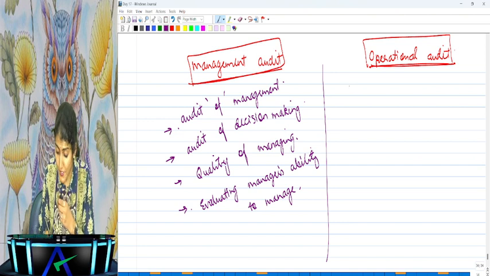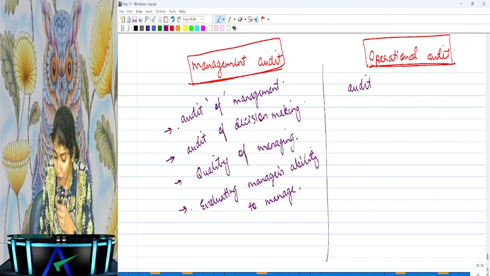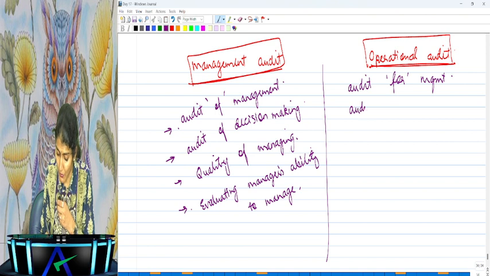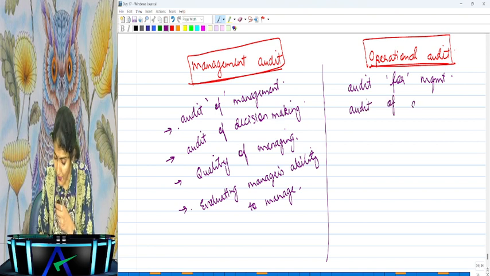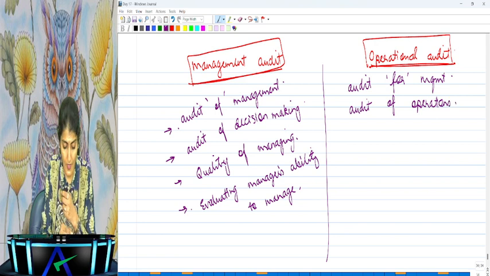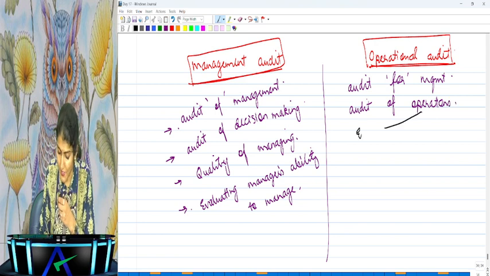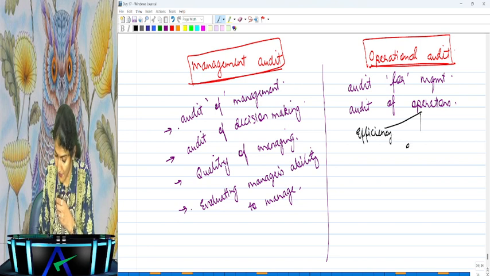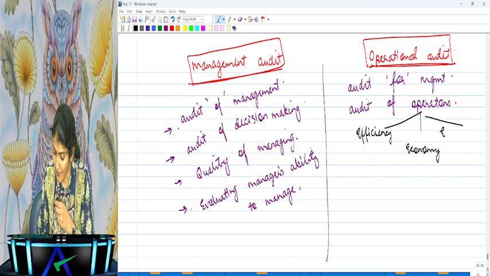Whereas operational audit is an audit for the management. It is an audit in which you are doing the audit of the operations. What are you checking of the operations in an organization? You are checking the efficiency, the economy, and the effectiveness of the operations in an organization.